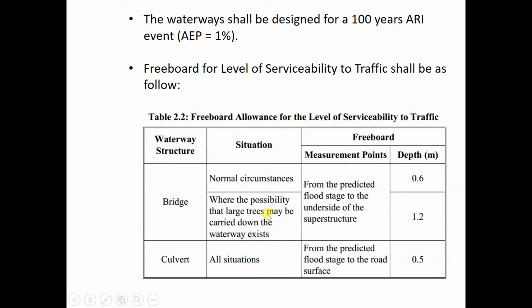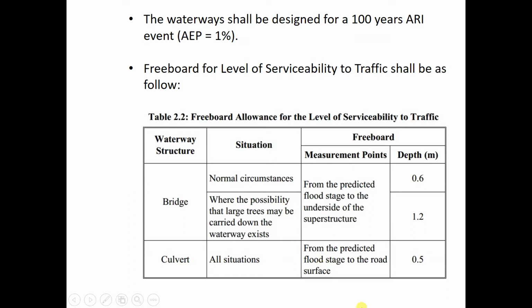For the normal circumstances for the bridge, there may be big trees coming down from upstream. So you have to allow 0.6 for normal, and when there is an extreme event, with big trees passing below the bridge, you need to allow a bigger gap, a freeboard of 1.2. For culverts, in all situations, the culverts could be 1.5 meter, 1.2 meter, 1.8 meter, or even 2.1 meter height, or if it's a round culvert, you have a diameter.